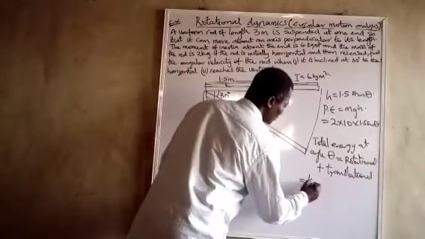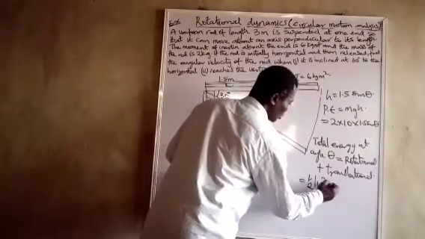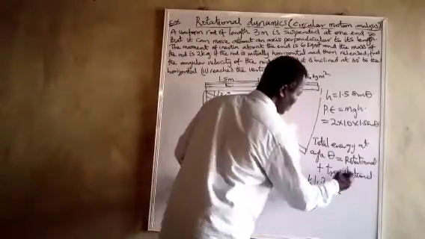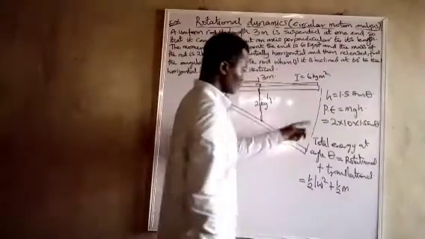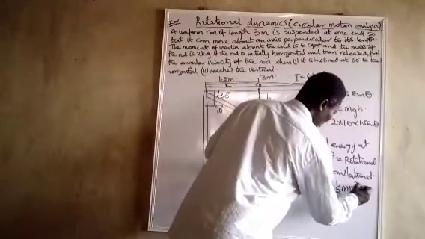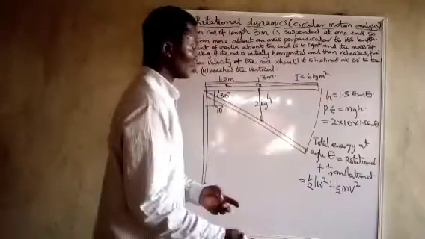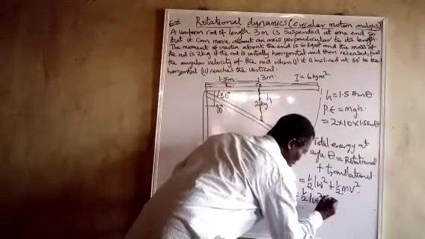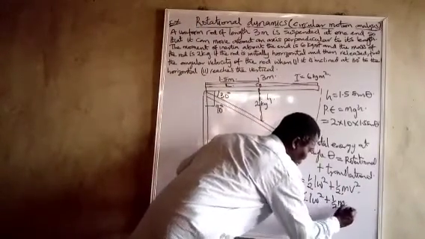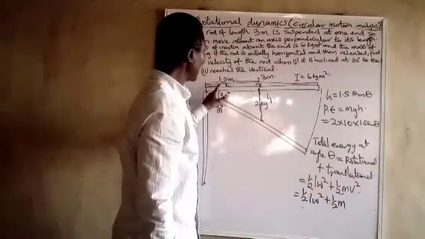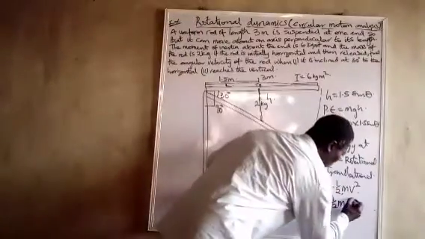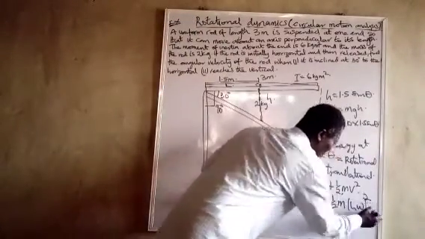It is half I omega squared, plus half m v squared. That is what we have: half I omega squared plus half m v squared, where v is L omega. So we have half m L omega squared.